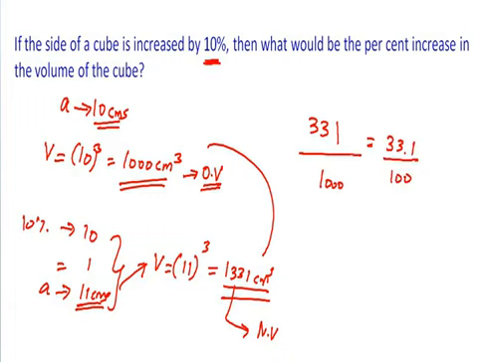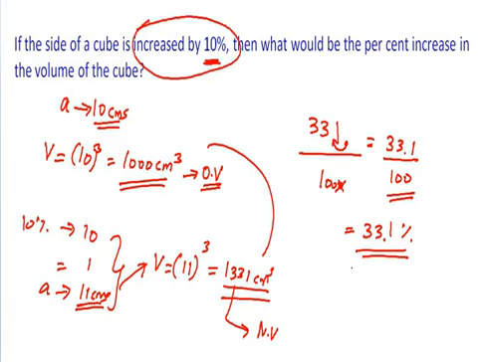I'm just shifting the decimal point one place to the left and I'm ignoring this 0. What is 33.1 divided by 100 equivalent to? Very simple, 33.1%. So because of increasing the side of the cube by 10%, the volume also increases by 33.1%. That's it.